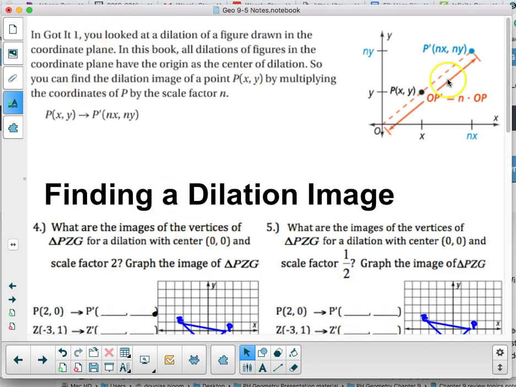Now, when I talked to you about changes earlier, we can totally get these changes done on a grid, and we can use a multiplier to help us out. According to what they've got here, my original P x and y and my final P prime, they multiplied the pre-image times the scale factor to get your final image.